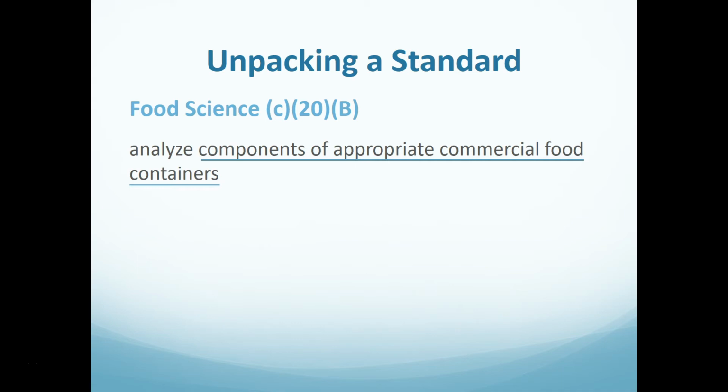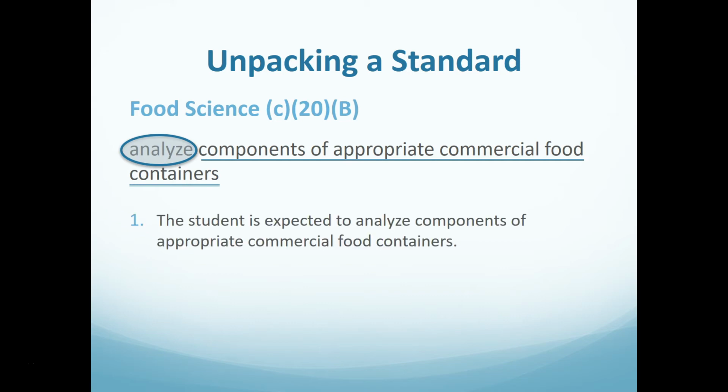What does it want students to do with the concept? Analyze. The standard is asking that students analyze these concepts. Circle the skill. Now that we have unpacked this standard, let's state what the student is expected to do. The student is expected to analyze components of appropriate commercial food containers.